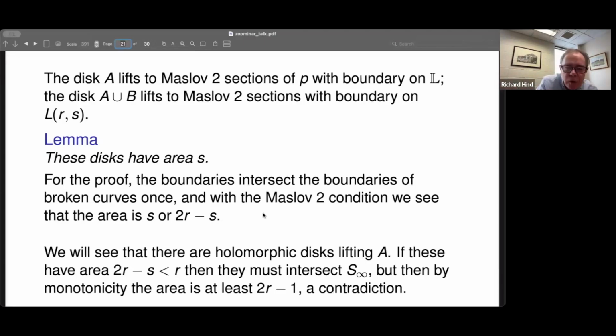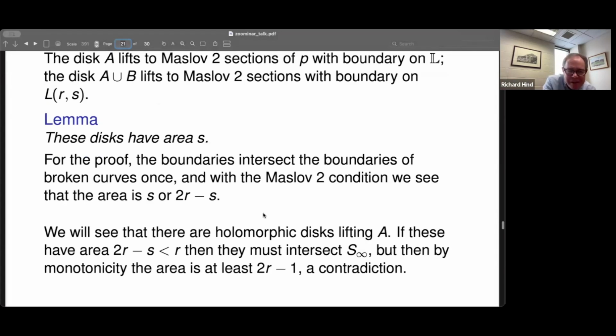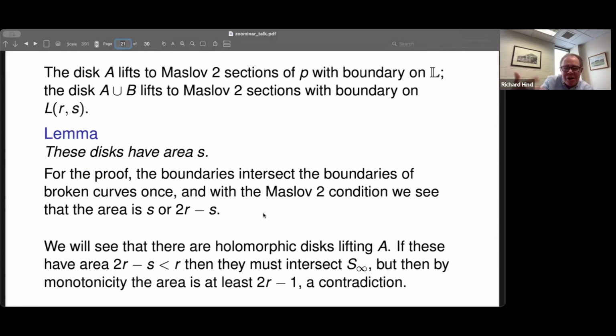So both those Maslov 2 sections have area S. It's not completely trivial. You check off the area possibilities, and that gets you down to S or 2R minus S. 2R minus S we have to exclude by proving that they can't be represented by a holomorphic curve, and then we can use the monotonicity. So that's the area estimates.